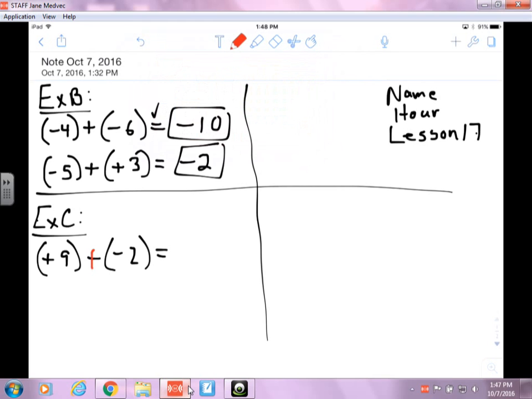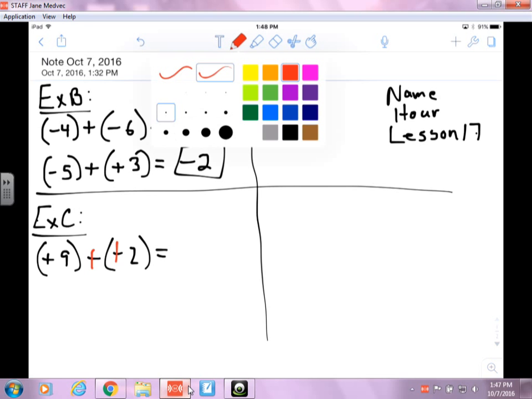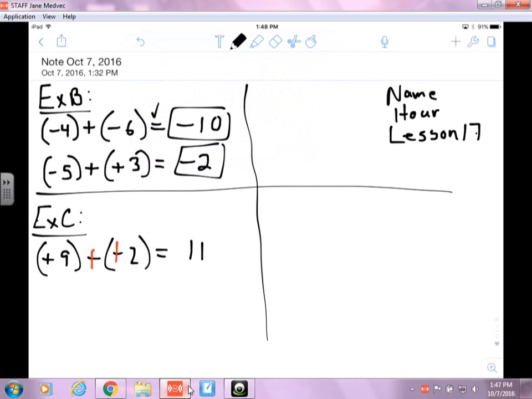I want to see the chop chop, just like you learned before. Okay? Now when you get to geometry and you get on to algebra 2, you probably don't have to show that. But for right now, I want to see that. And then this ends up being 11. And you can put positive 11 or just 11. I'm fine with that. But that's why the chop chop works. Okay?